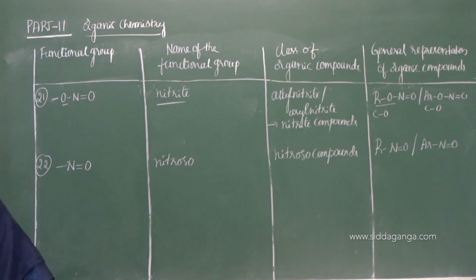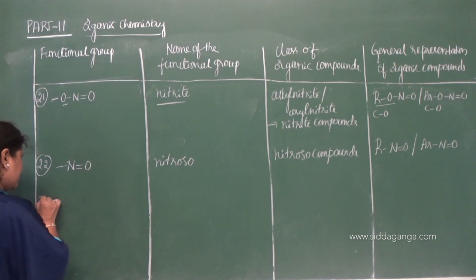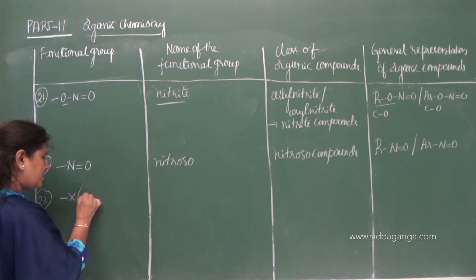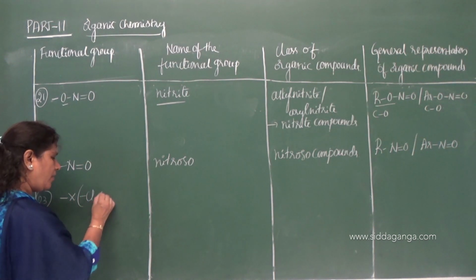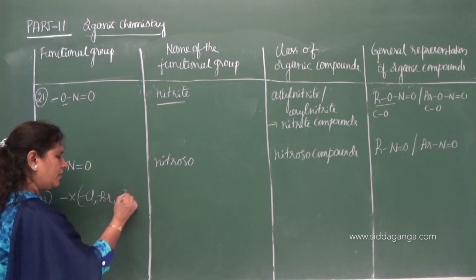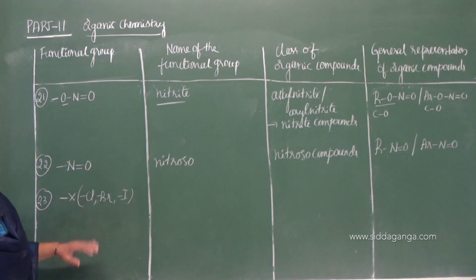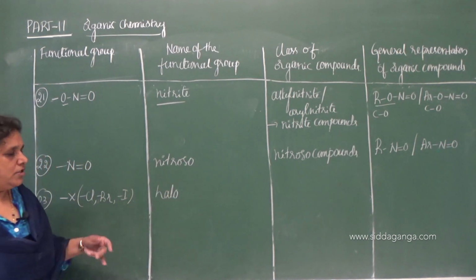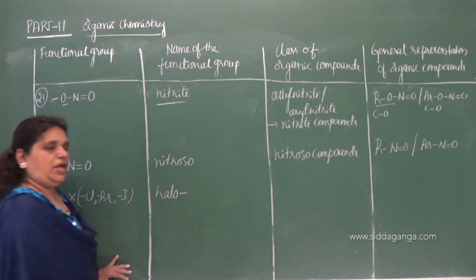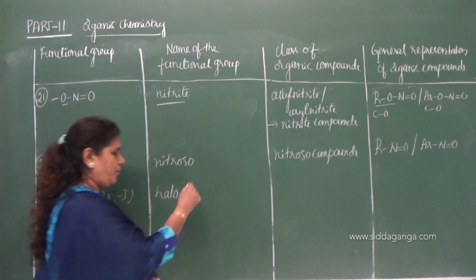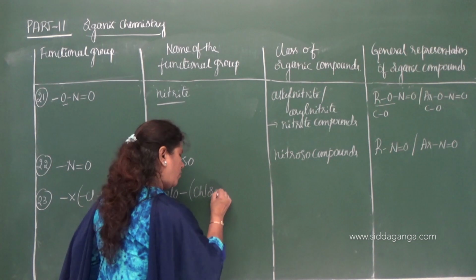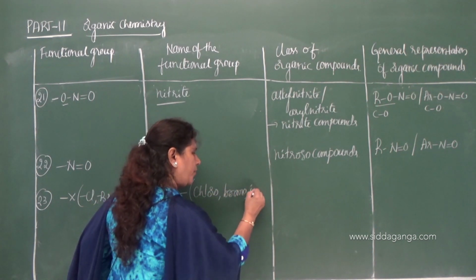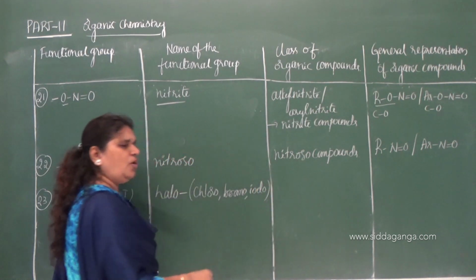Okay, now let us move on to the next one, that is X. X here, as I said, is a halogen, maybe chlorine or bromine or iodine. Then you can name it as halo, which means chloro, bromo, iodo.